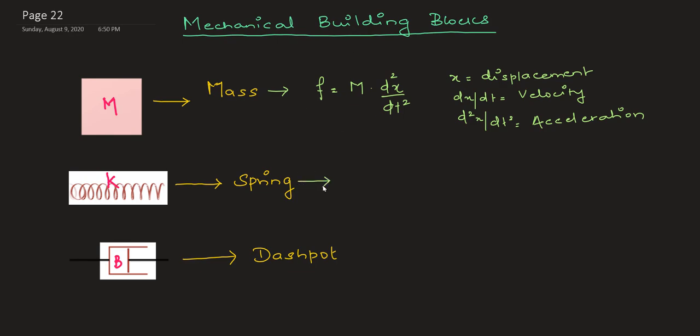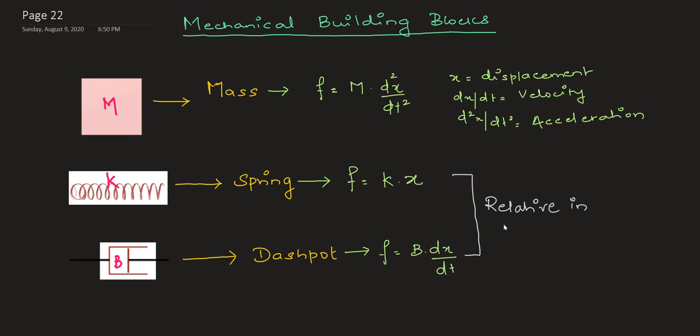Now for spring, I'm going to use the variable k to represent my spring equivalent, and it is given by k into x, and for dashpot the scalar variable is b, and it is represented by b into dx by dt. Good. Now these three are the building blocks which are used to model your mechanical system, and they have the force equivalent representation given by m into d square x by dt square, F is equal to kx, and F is equal to b dx by dt.